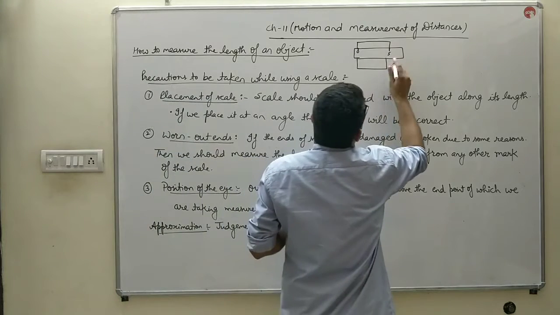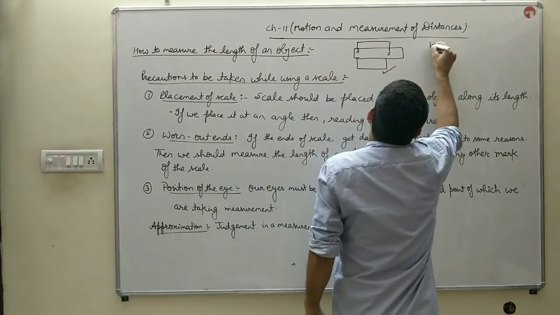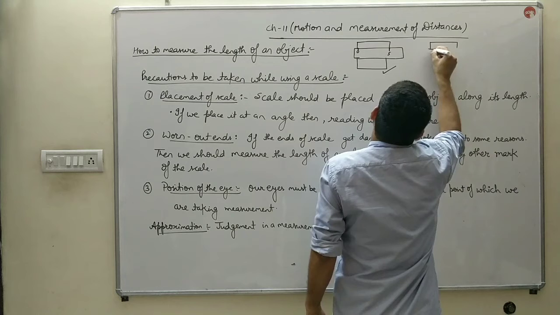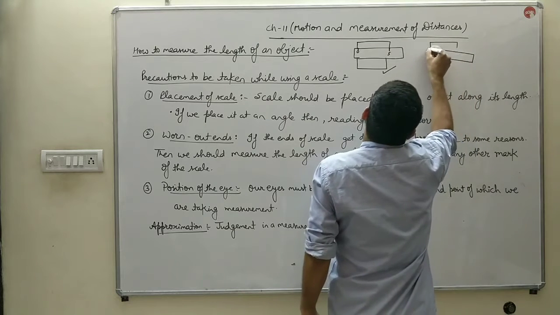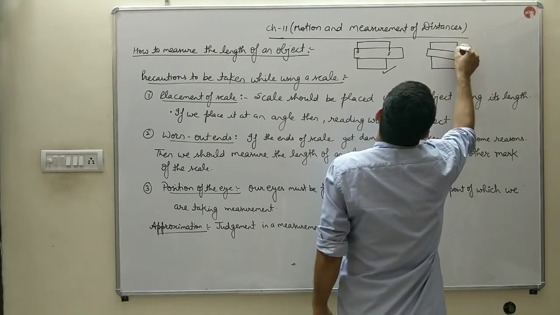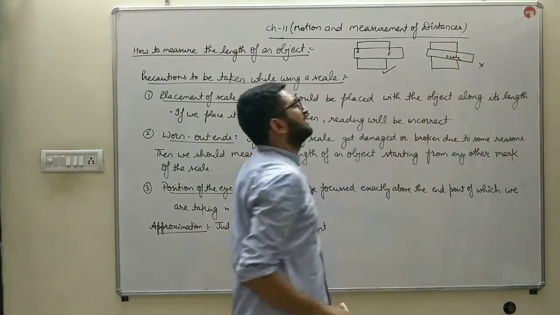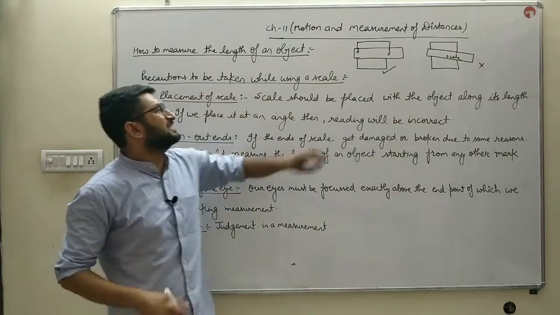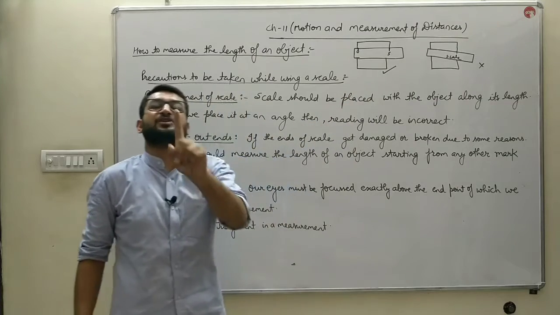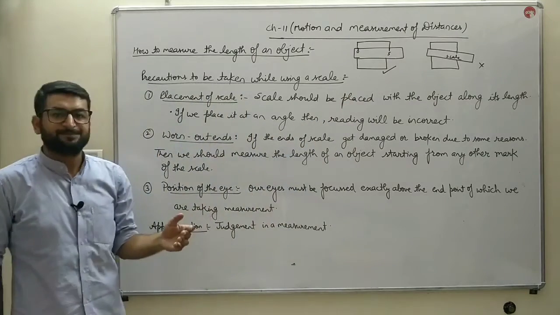The correct placement of scale is this, bache. If to measure this card, you place the scale like this, then your reading will be inappropriate. So this is inappropriate placement of a scale, whereas this is the correct placement of a scale to measure.